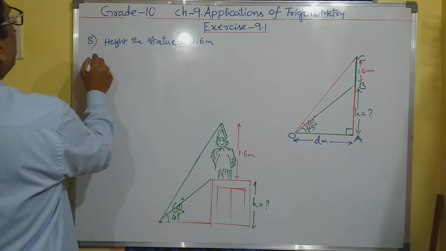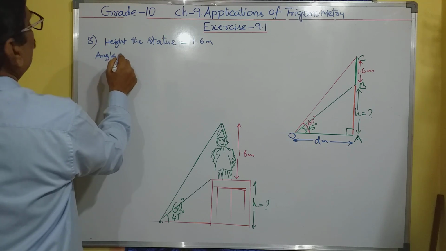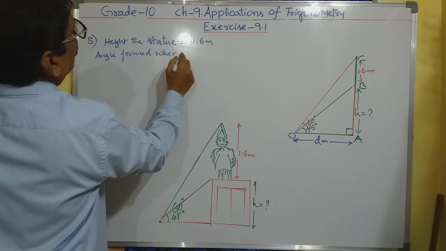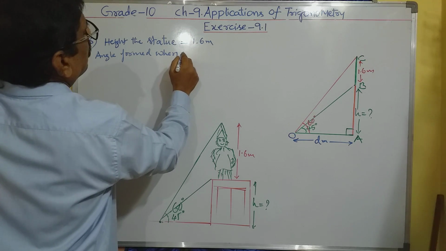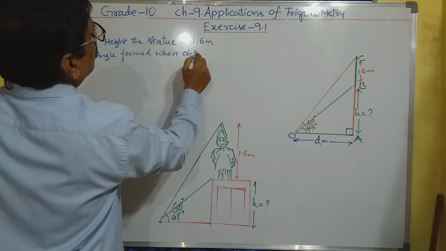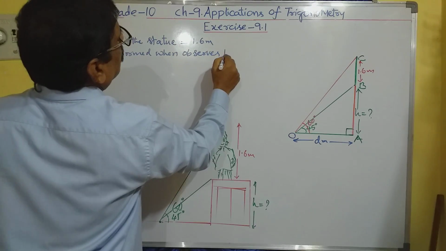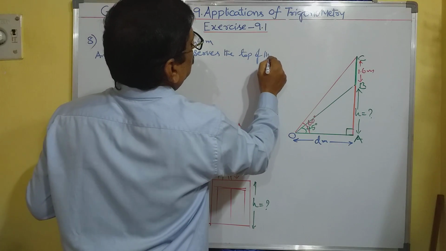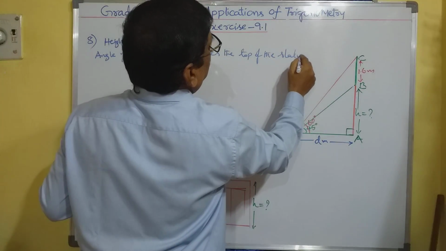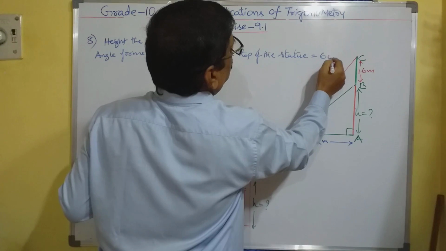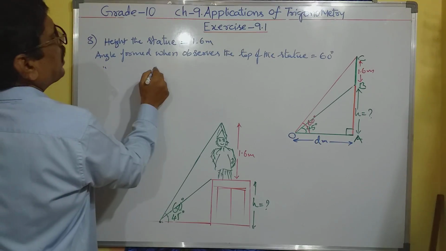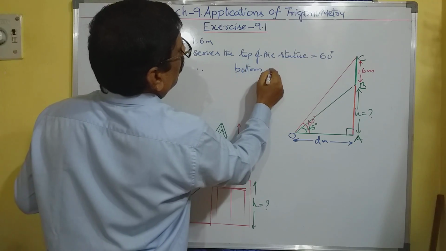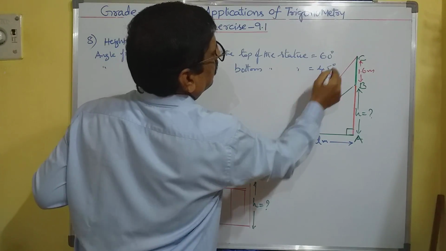Okay, angle formed when observes the top of the statue. How much? 60 degrees. In the same way, angle formed when observes the bottom of the statue is equal to 45 degrees.